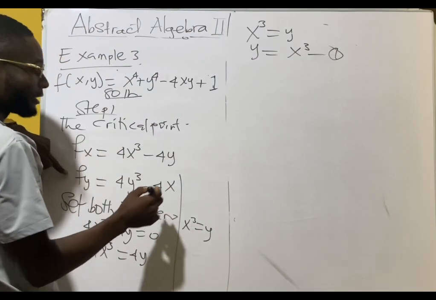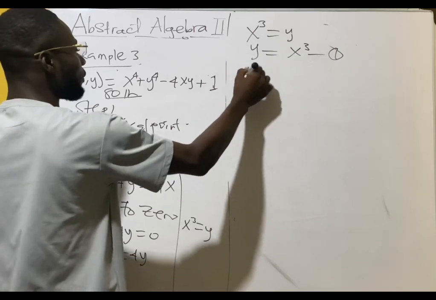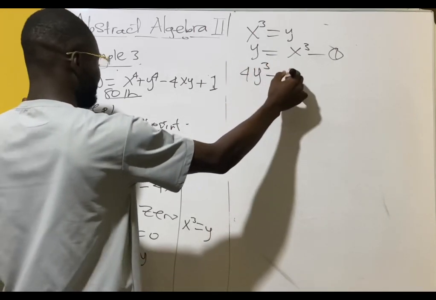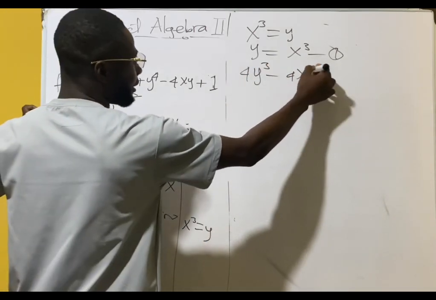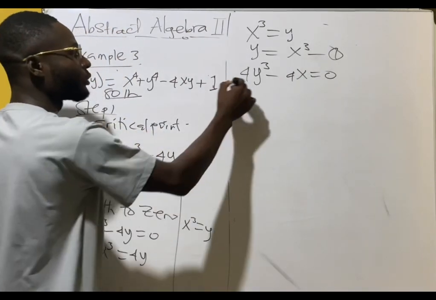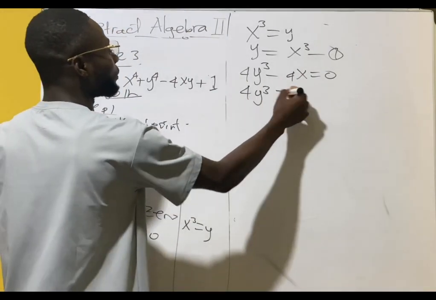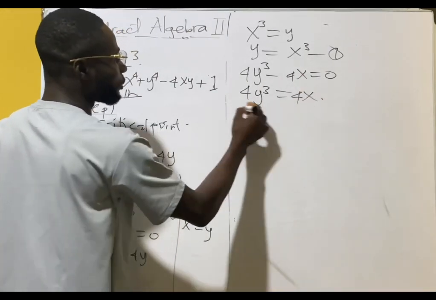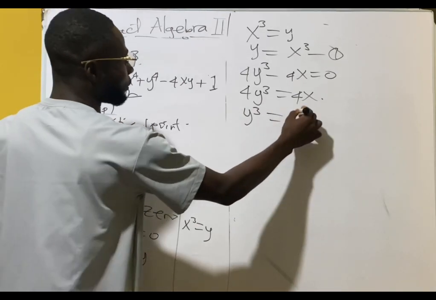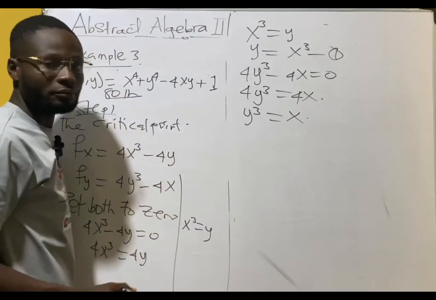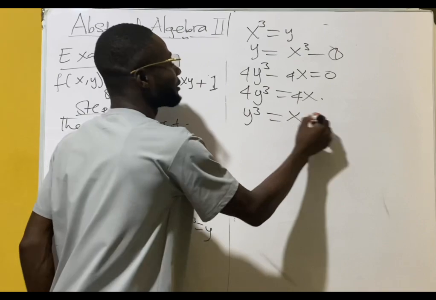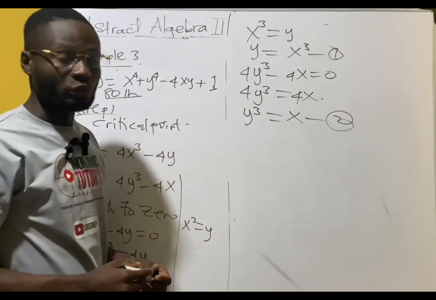Then we set this 2 to 0. We have 4y cubed minus 4x equals 0. So we're going to have 4y cubed equals 4x. So we have y cubed equals x, right? So this tells us that we have equation 2.